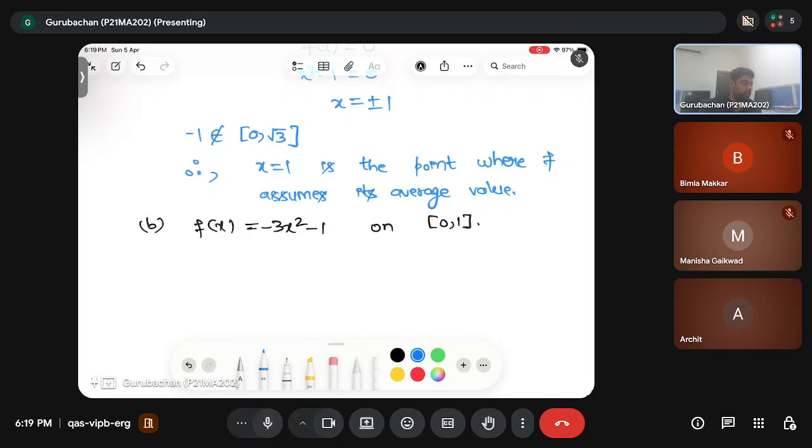Correct. At which value of x is this value attained?